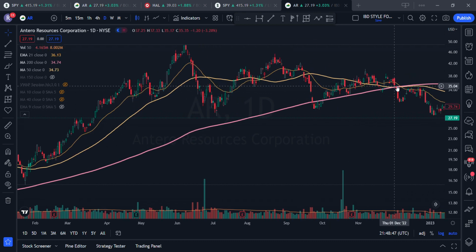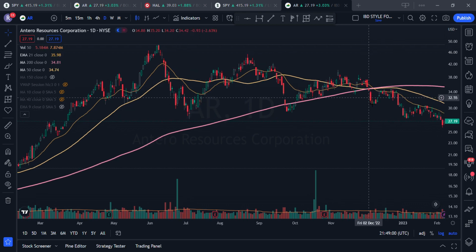And then again, it decisively closes below the 200-day moving average. Once the stock breaks below the 200-day moving average, one last time it will try to rally back to the 200-day moving average and try to take that moving average.